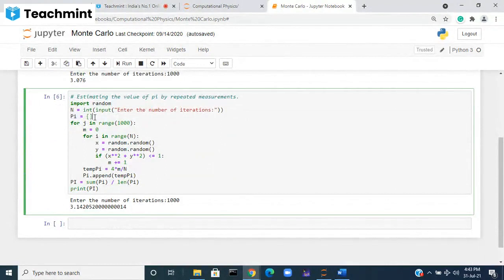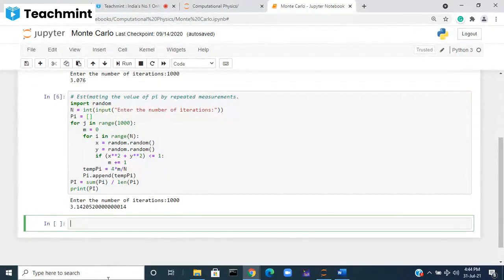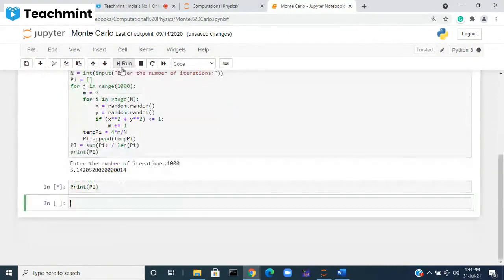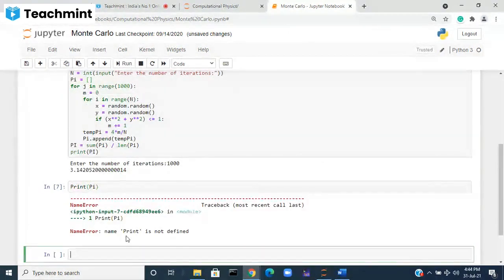The list contains 1000 estimates of pi. So let us print the list. We should get a list which contains 1000 measurements of pi. Print is not defined.